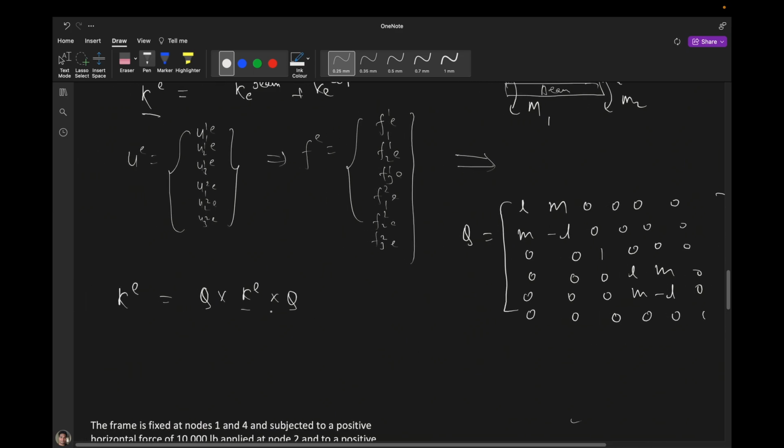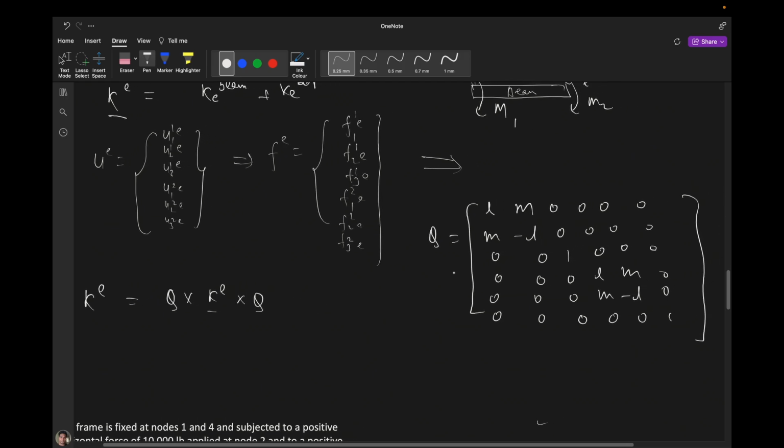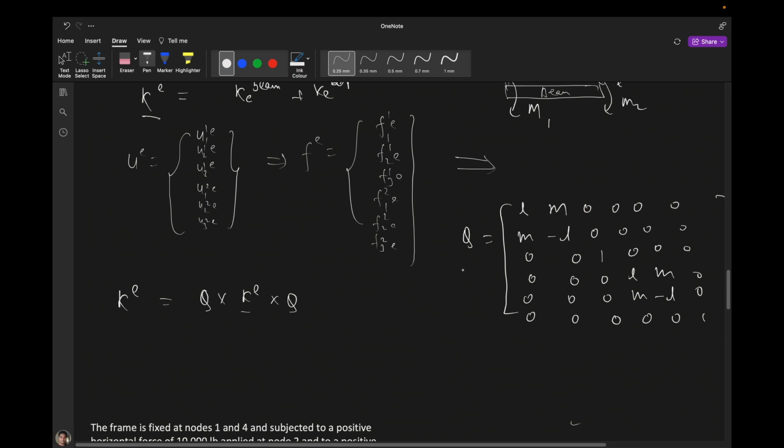Since it should be Q KE Q transpose, but this matrix is symmetric, it won't matter whether you use Q or Q transpose.